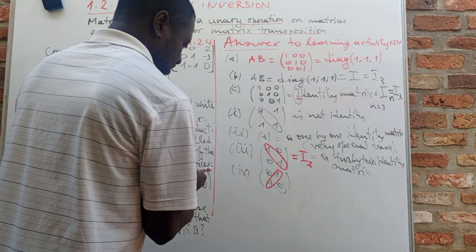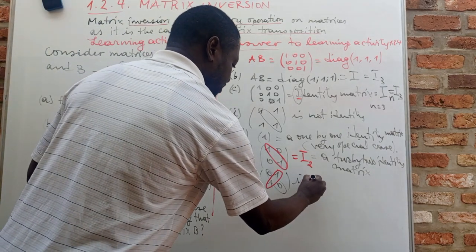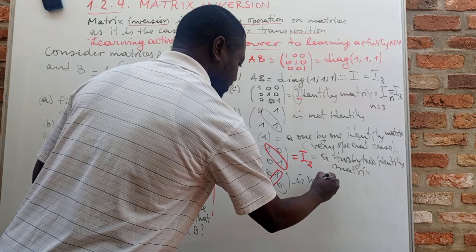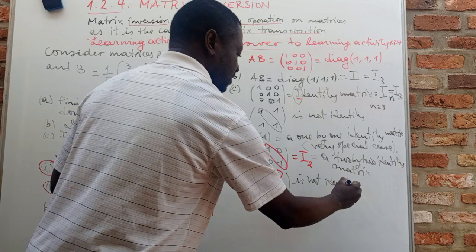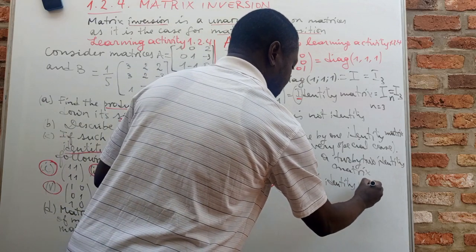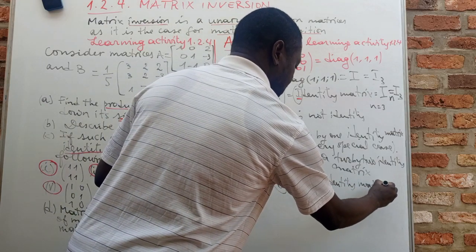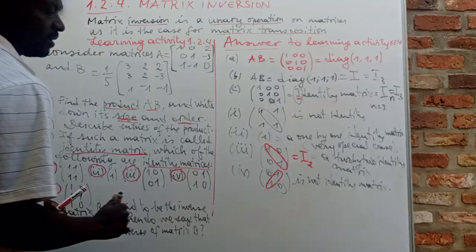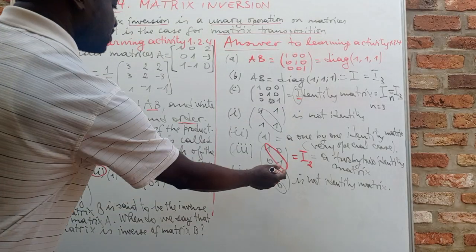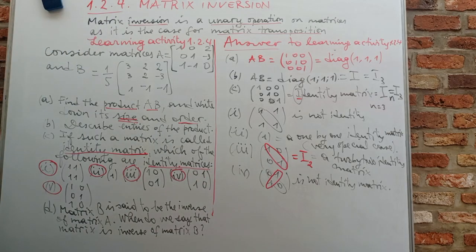This is not an identity matrix. Further studies can show that this is a reflection matrix.